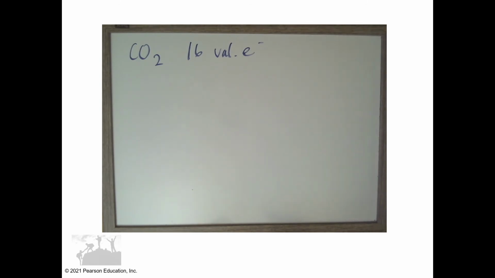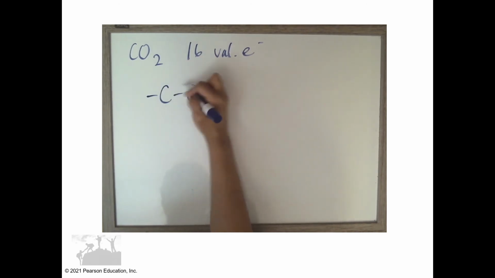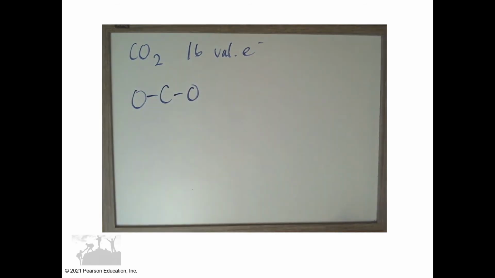Okay, first step down. Second step, draw out the skeletal structure with the least electronegative atom in the middle. So that's carbon. So we have C, and then O's on either side. Okay, at this point we used 4 electrons because we drew 2 lines.